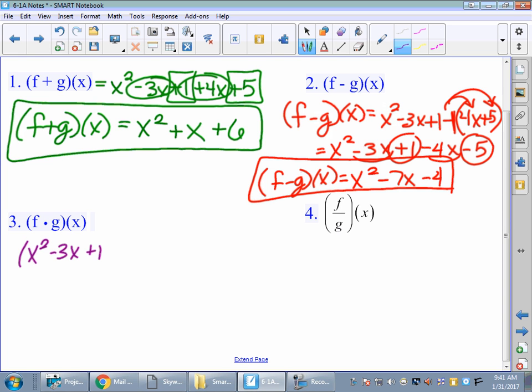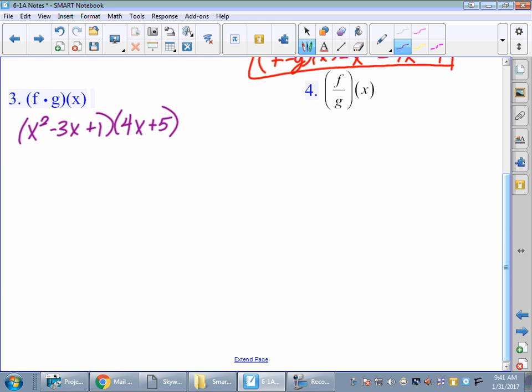To find the product, we're going to take the f of x function, x squared minus 3x plus 1, and multiply it by the g of x function, 4x plus 5. Now you could actually write that in a reverse order if you want the binomial in front of the trinomial. I'm just going to distribute backwards. I like to put the binomial through the trinomial. So I'm going to take this 4x and multiply it by x squared, by the negative 3x, and by the positive 1. So I get 4x cubed minus 12x squared plus 4x. Now I'm going to do the same thing with the 5.